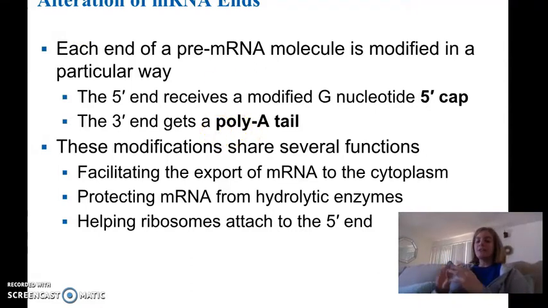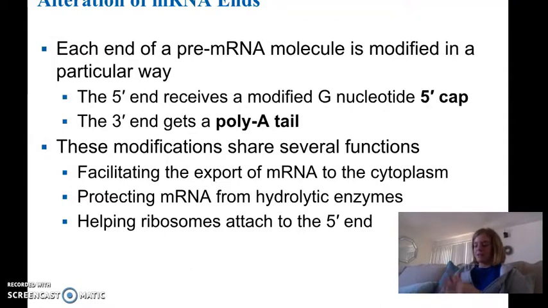Okay, and there's several reasons why these two modifications are done. One is they help export the mature mRNA from the nucleus to the cytoplasm. So they help with actually getting that mRNA out to the cytoplasm for translation. Second, they help protect the mRNA from being degraded by enzymes that would break it apart.